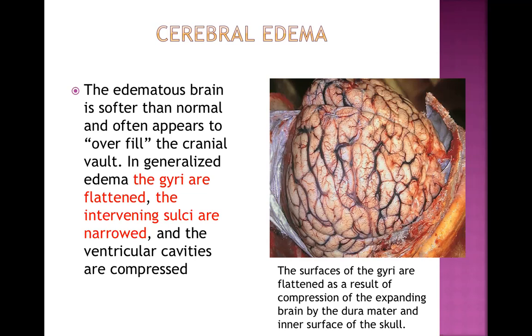So we cannot see that typical structure of the brain. The gyri are flattened and sulci are narrowed in case of cerebral edema. What will happen to the ventricles? The ventricles are the cavities of the brain, isn't it? Those ventricles are, of course, compressed because of excessive fluid collection.